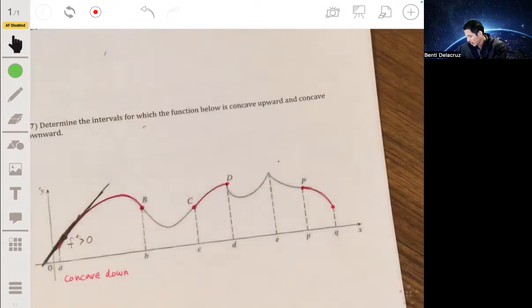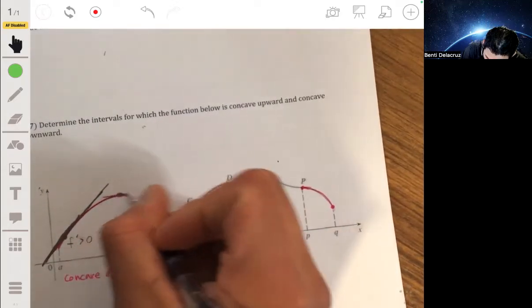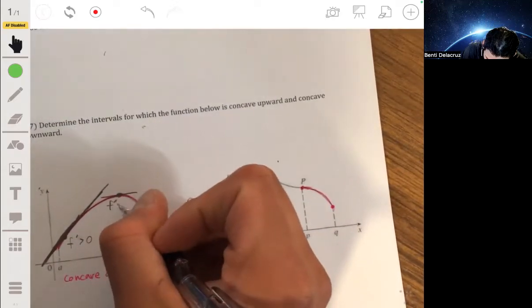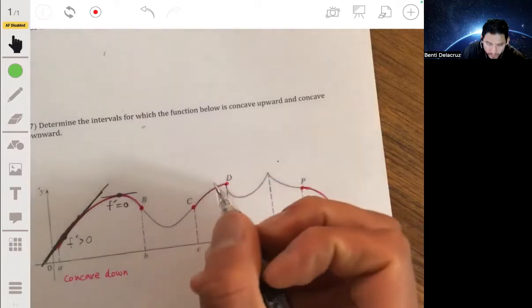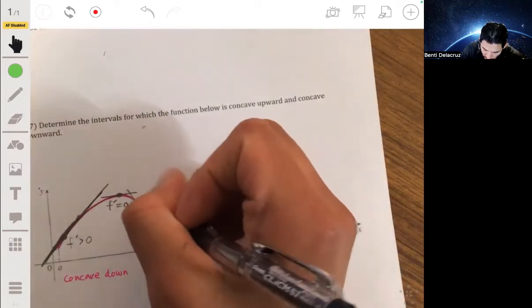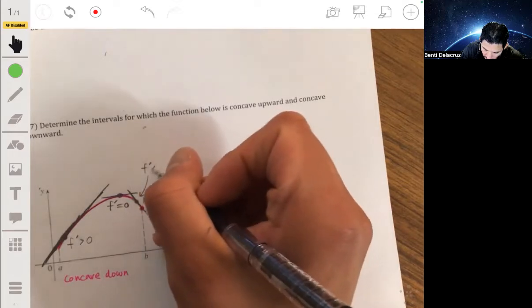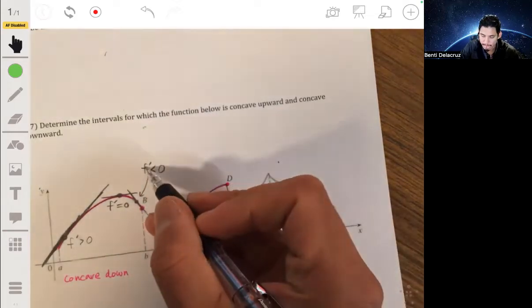Later on that same part, up here, the tangent line is horizontal. That means f prime equals 0 there. And past that, over here, f prime is negative. F prime is below 0.